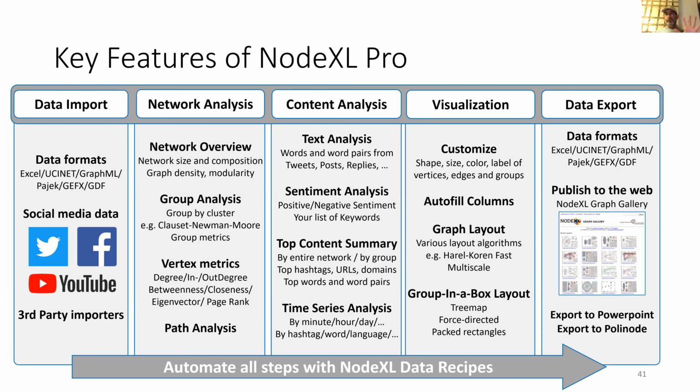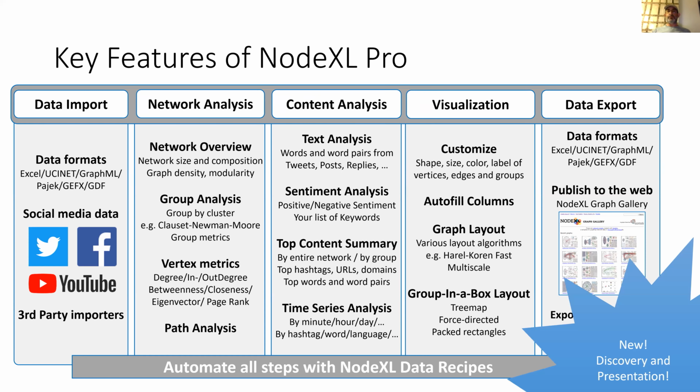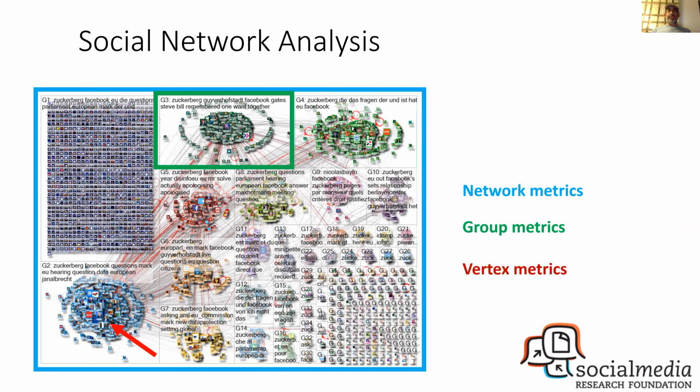Those tasks are discovery and presentation, otherwise known as exploration and explanation, finding the story in the data and then telling that story to others. And so there it is, new discovery and presentation. So we give you data sets that can tell a story at multiple levels.